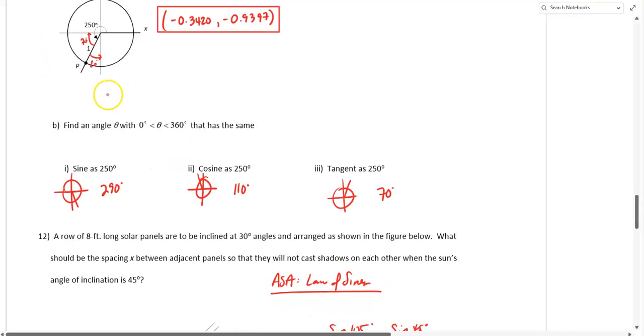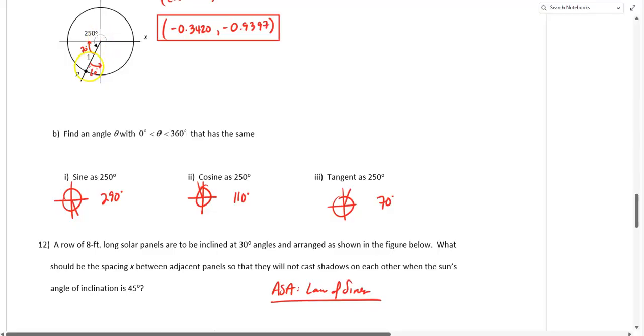For question B, just kind of an extension, if I'm thinking about the sine quantity at this position, that's the y coordinate at this position, there is another position that has the exact same y value, and we've got to establish what angle that ends up being.